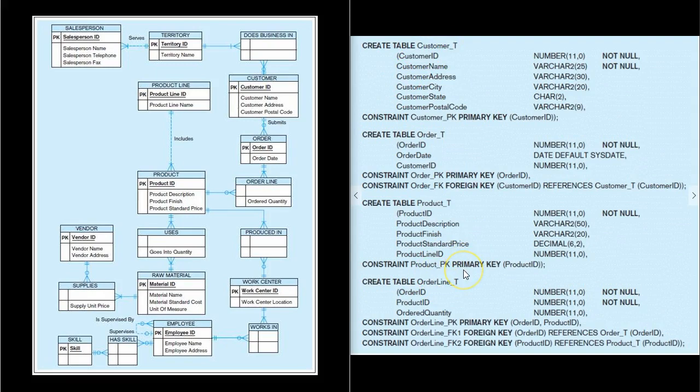So again, this is what we need to do to establish those relationships between those entities. Now, what's really easy to do is to just create the tables without those constraints, without identifying the primary key, or more importantly, without identifying the foreign keys that reference back to those related tables.